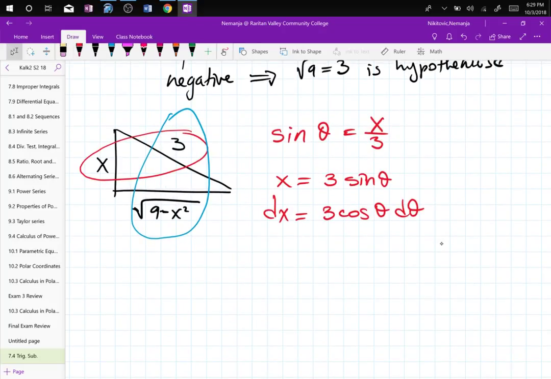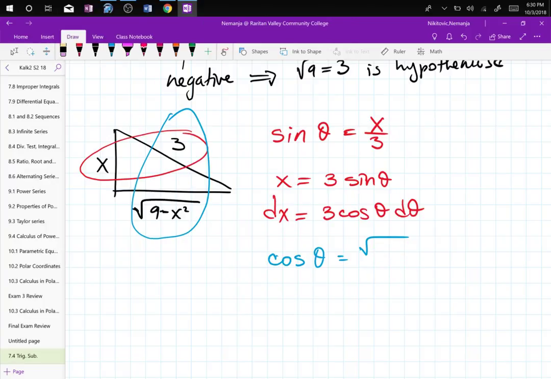Now, I switch to blue. What do I have for blue? Well, I have adjacent and hypotenuse, and that is very good. Cosine theta, and the cosine theta is going to be the square root of 9 minus x squared. Ugh.